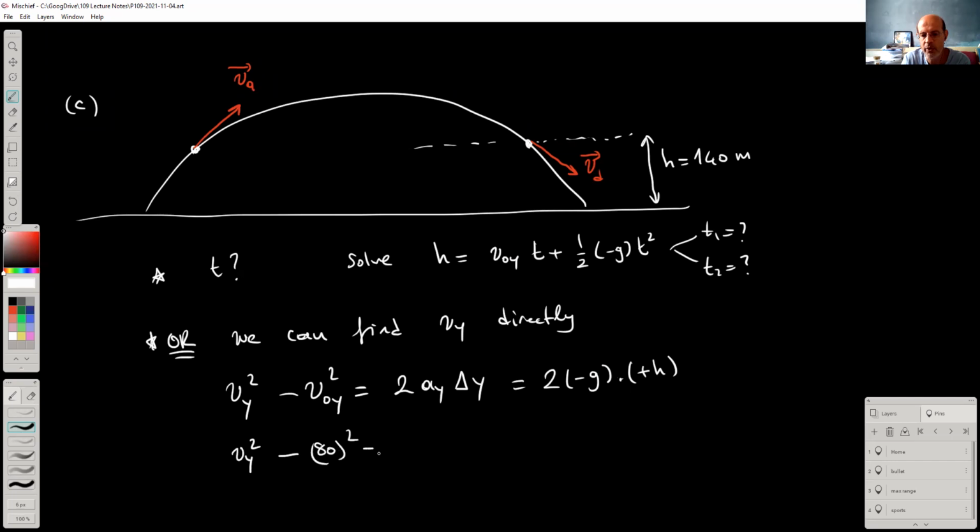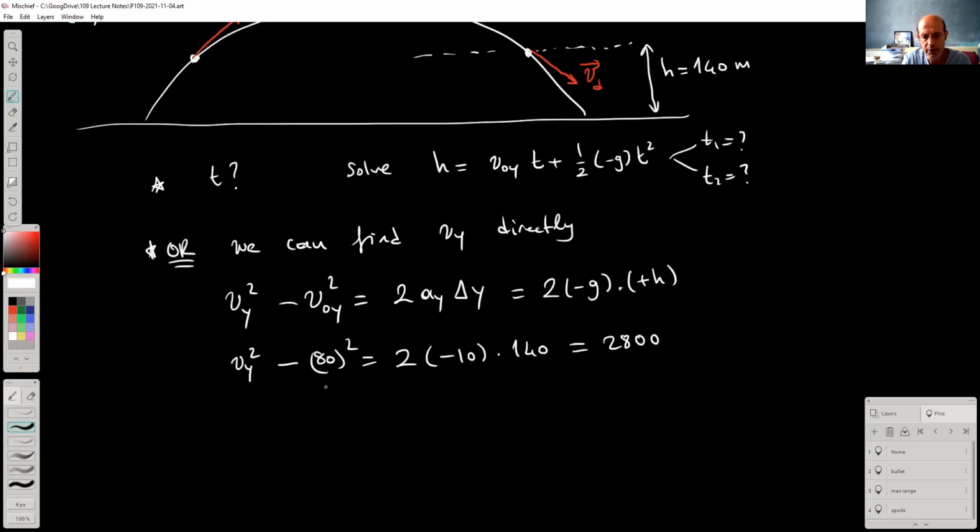But in any case, let's just write this thing down. So that's 80 squared. And on the right-hand side, gravity is 10. And that distance is 140. So that means 280 something. I don't want to write down the units. So this is 6,400.